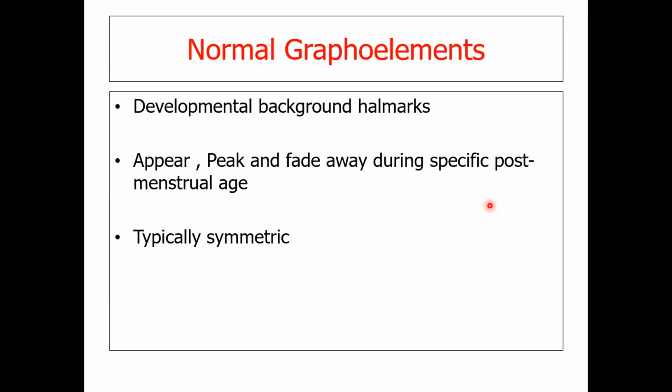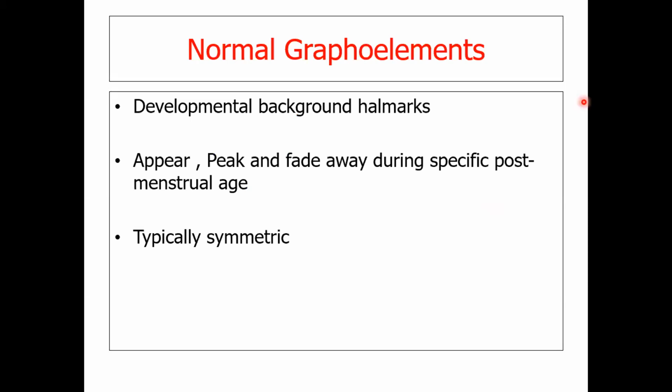And after these terms, we go to the difficult sounding name, grapho elements. Grapho elements are basically certain developmentally age appropriate background hallmarks in an EEG of a neonate.